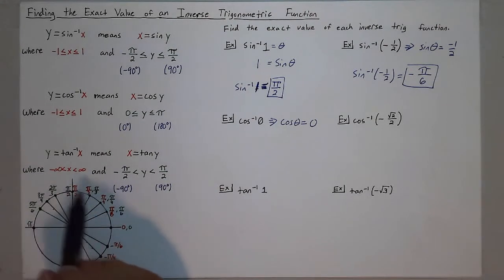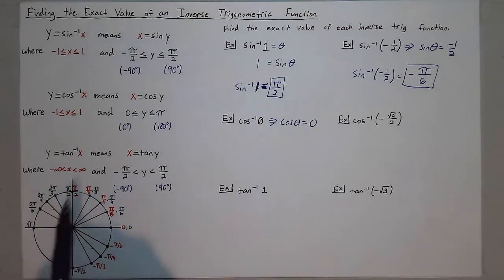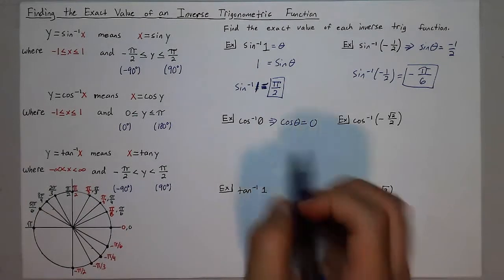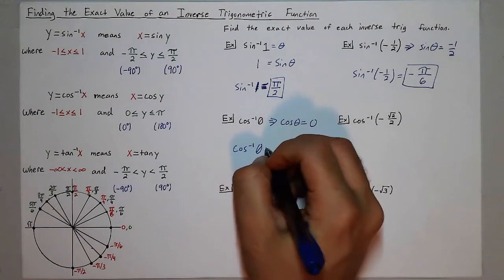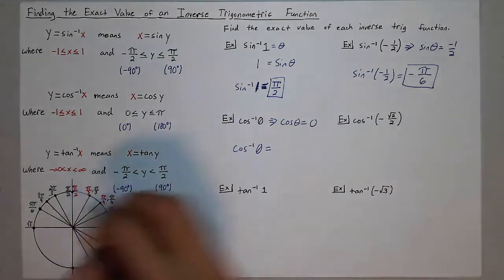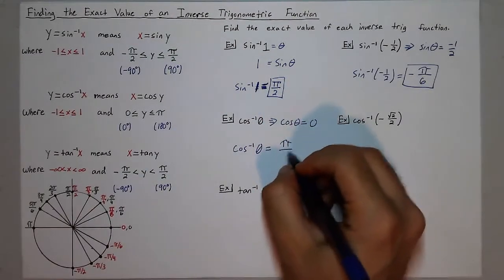And we're going to pick some angle along that stretch of angles. And at pi over 2, the x value is 0. So it would make cosine 0. So cosine inverse of 0 would be equal to pi over 2.